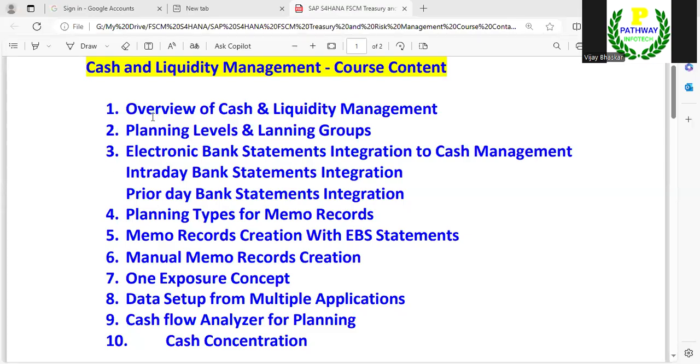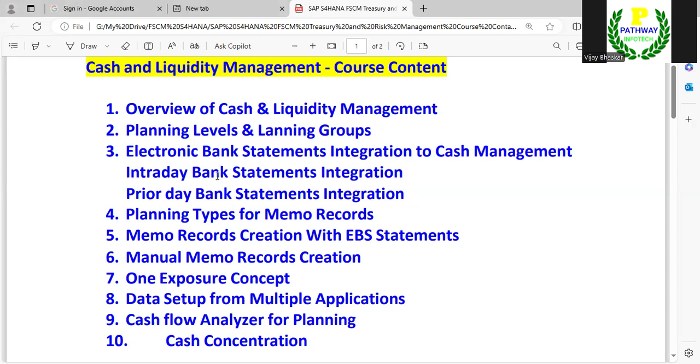Then overview of cash and liquidity management, planning levels and planning groups. Before going to this, I am definitely going to do the configuration for FI and CO. After that, the first topic would be cash and liquidity management, which is integrated with the electronic bank statement, and EBS integration with cash and liquidity management.